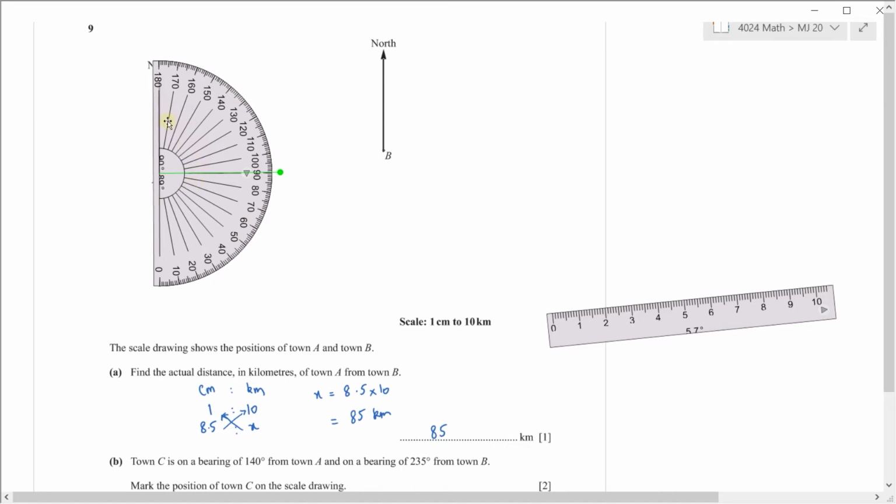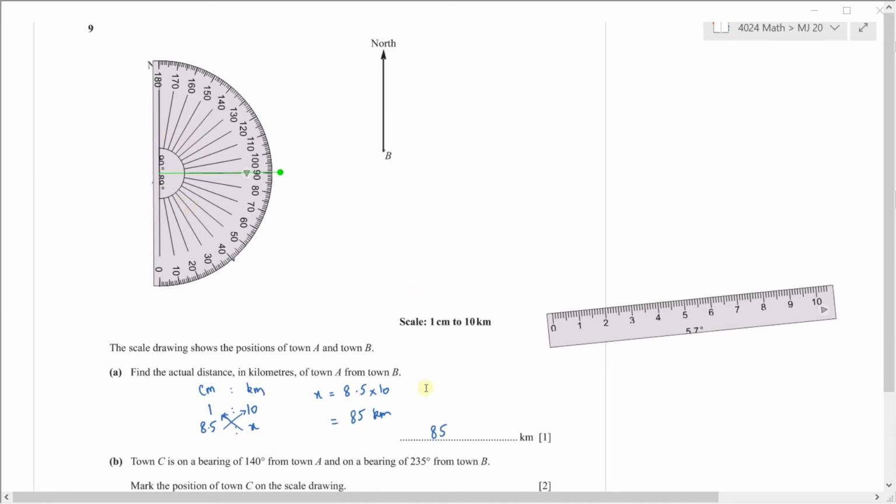The bearing is from the north, so I have to go 140 degrees in this direction. So this is 80, 180 is my zero. This will be my 90, 100, 110, 120, 130, and 140. So this 40 degree mark will be my 140 degree angle in this direction.